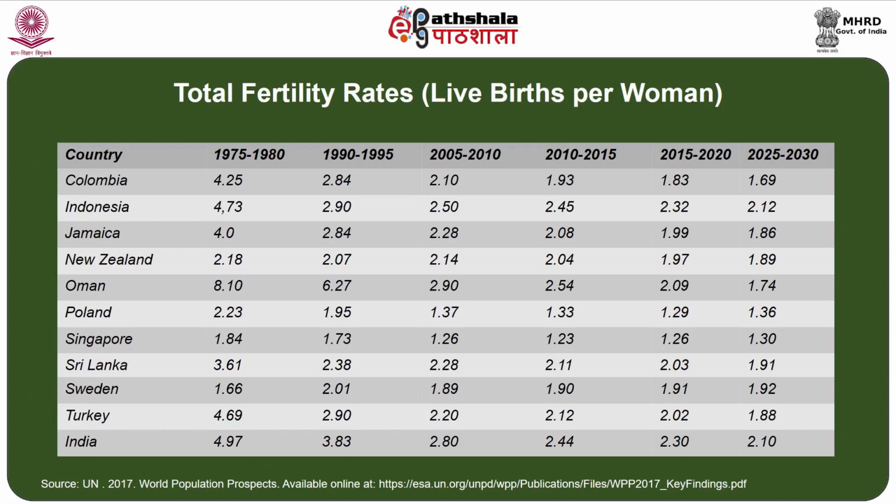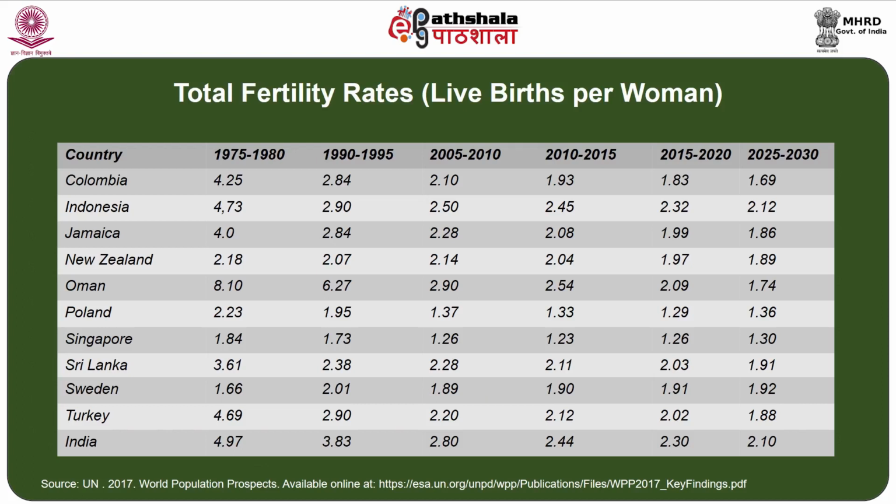Sweden, for instance, as well shows a slight increasing trend over time, that is, a TFR of 1.66 in 1975 to 1980 to 1.90 in 2010 to 2015, although there was a slight decrease between 1990 to 95 to 2005 to 2010, and the projection is that it will further increase to 1.92 between 2025 to 2030.